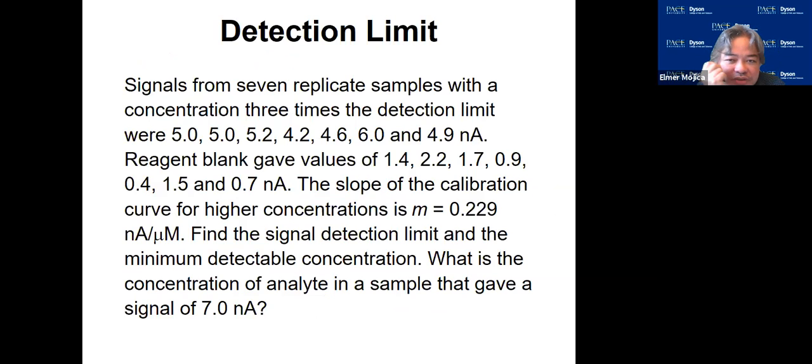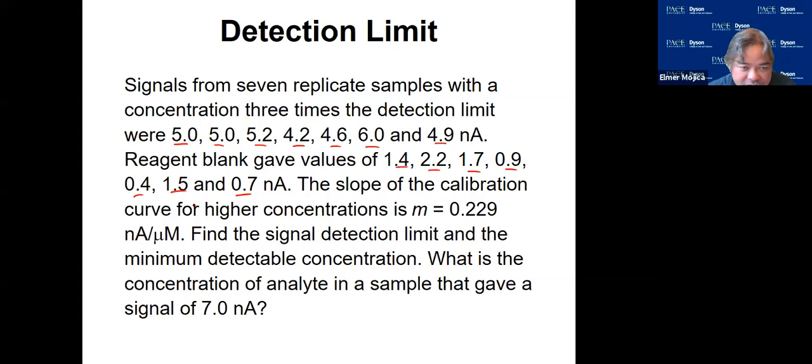Signals from 7 replicate samples with the concentration 3 times the detection limit were 5, 5, 5.2, 4.2, 4.6, 6, and 4.9. Now, reagent blank gave values of 1.4, 2.2, 1.7, 0.9, 0.5, 1.5, and 0.7 nanoamperes.